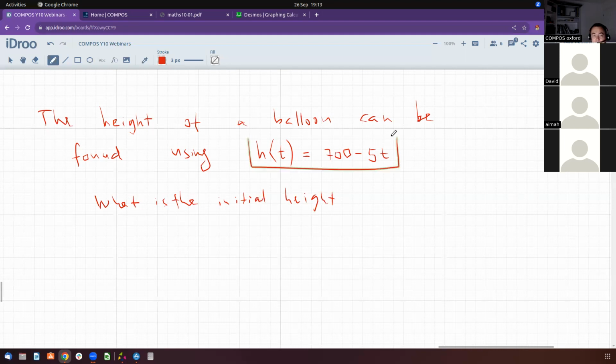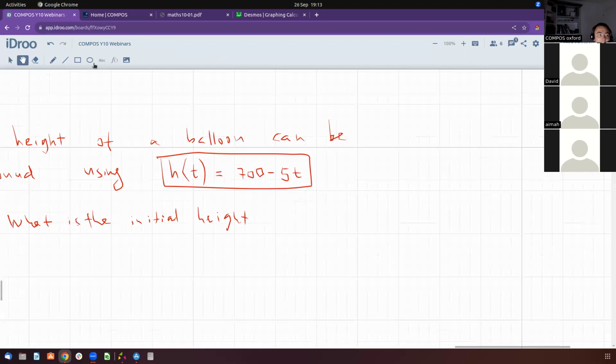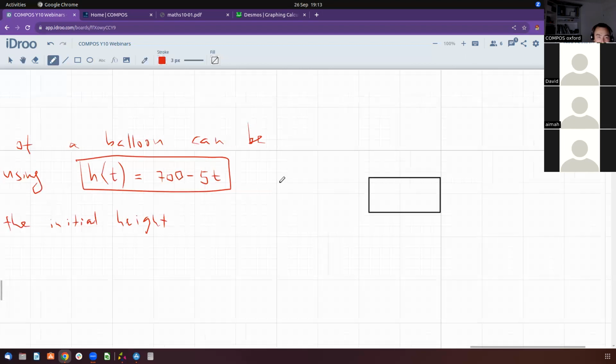This is a function of t. Basically, a function is a magic box. You put something in and you get something out. That's how a function works. In this particular function, you give it a t and it gives you an h.